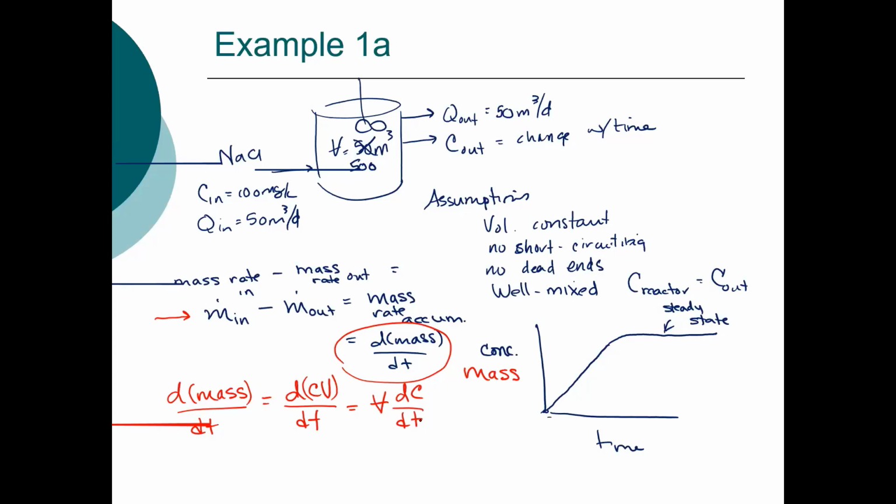And in this case, and for all practical purposes, everything we do this semester, we will assume constant volume. So mass and concentration will be interchangeable. It's not true if your volume is changing. It becomes a much more complicated situation. We need partial differential equations. We're not going to go there.